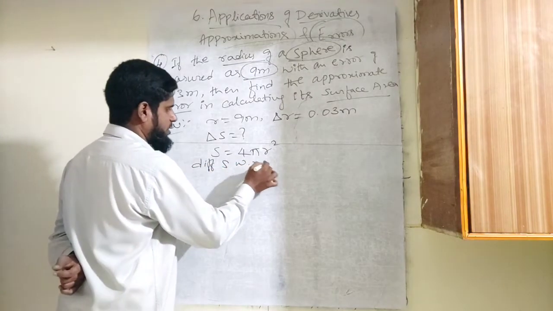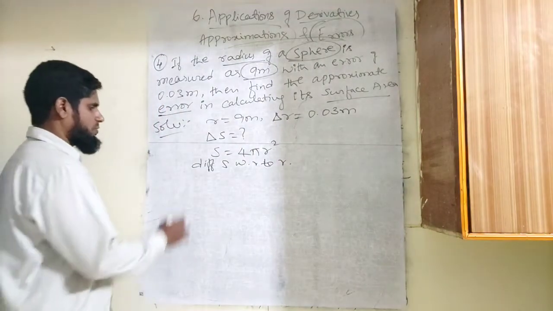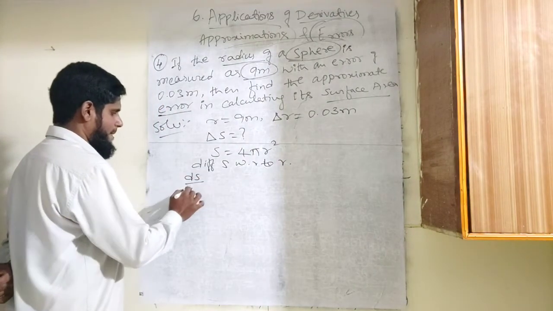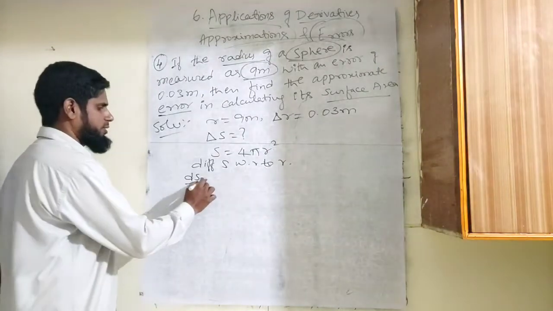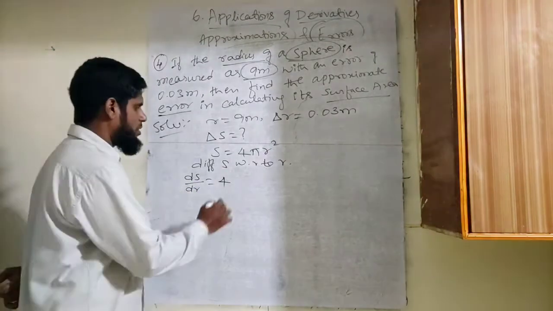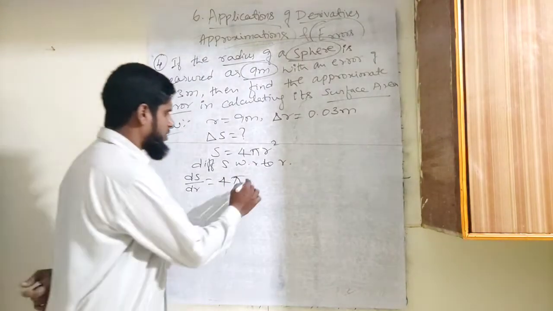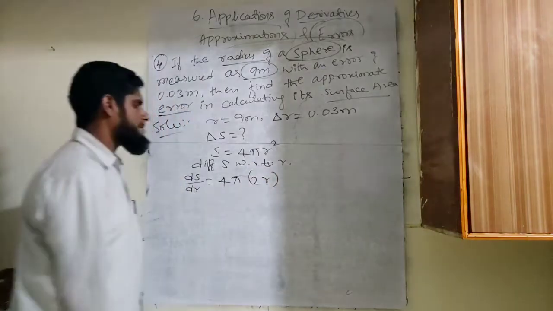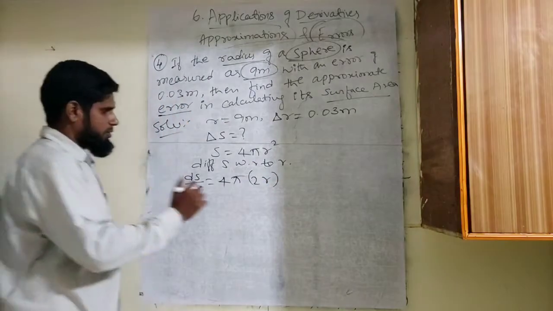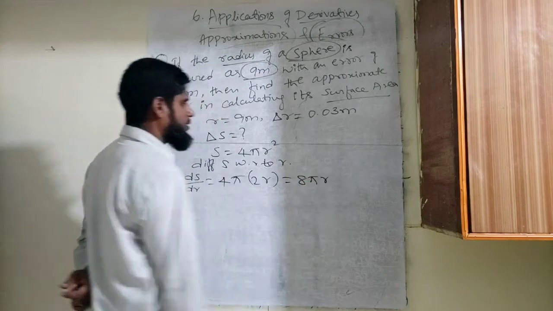Differentiate S with respect to r. So what happened here? dS by dr is equals to 4 pi, coefficient as it is. Derivative of r square is 2r. Then it is 2 into 4, it is 8 pi r.